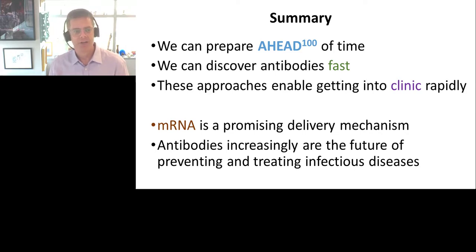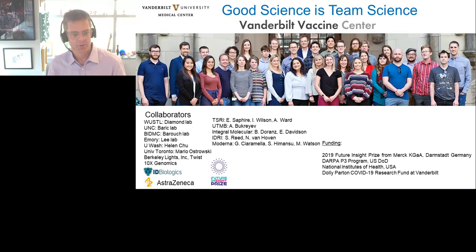So increasingly, antibodies are going to be important in this space. And I've tried to mention collaborators we worked with along the way: Diamond, Baric, Barouch, Dr. Lee's lab at Emory, and Helen Chu in Seattle worked with us on samples and assays, as did Mario Ostrowski, who provided the samples that led to the lead drug candidates.